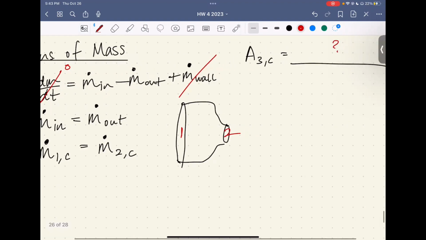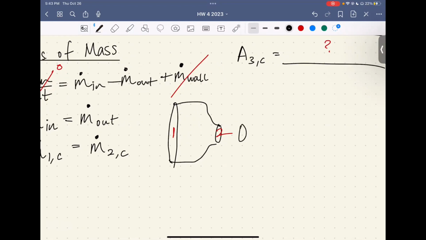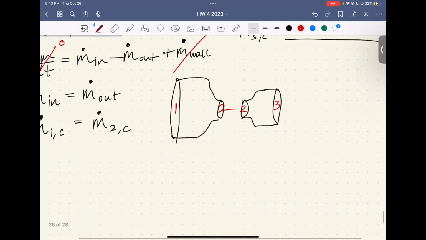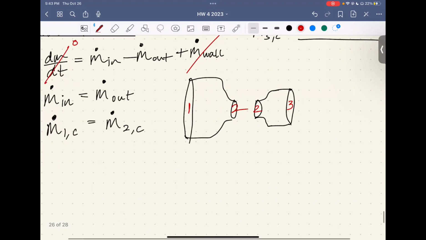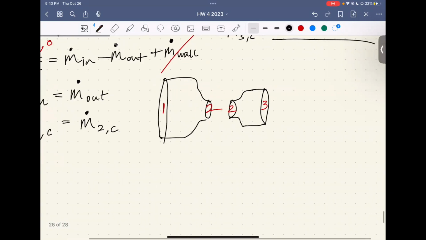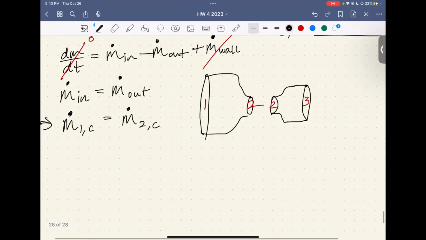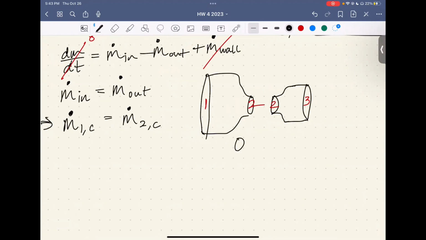What about the second half? So we have it going slightly, but not the same size as the original. So we have 2, and then we have 3. So that means we can also model the same exact conservation of mass for 0.2 to 0.3. And that means we're just going to go from this line right here.